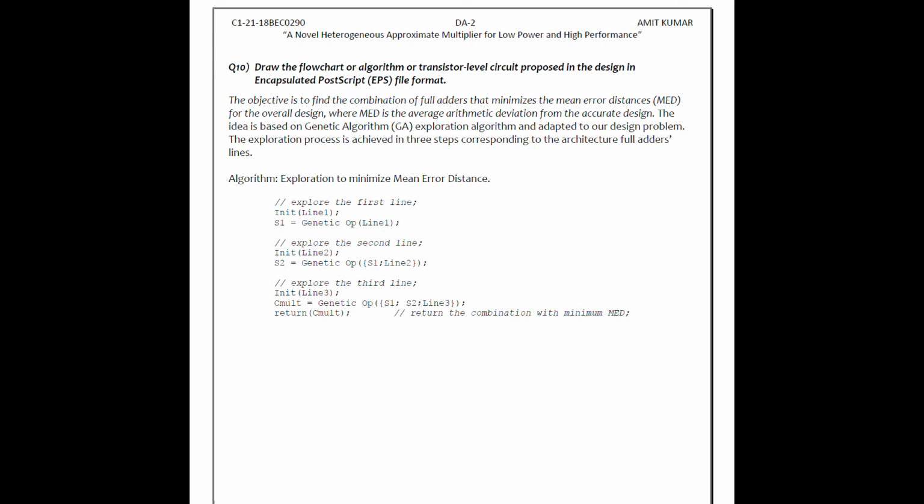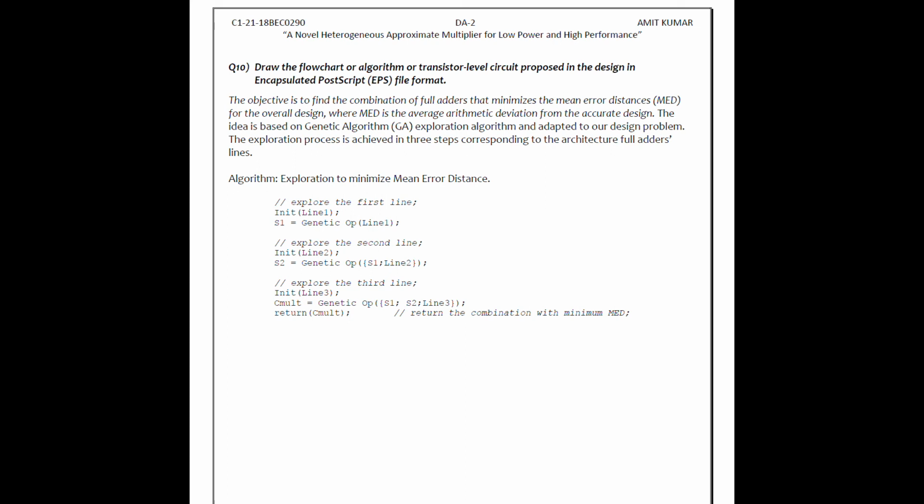Here we can see there are 3 steps of this algorithm. The objective is to find the combination of full adders that minimizes the mean error distance for the whole design, where MED is the average arithmetic deviation from the accurate design.